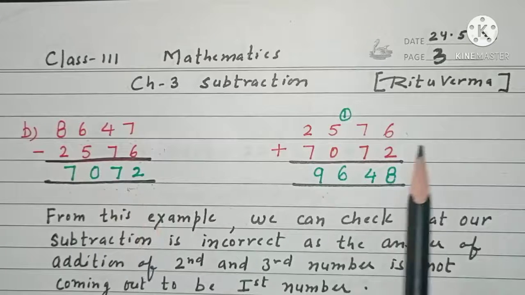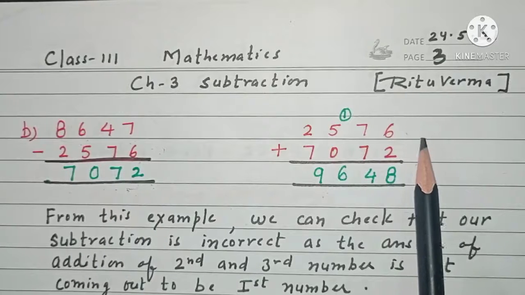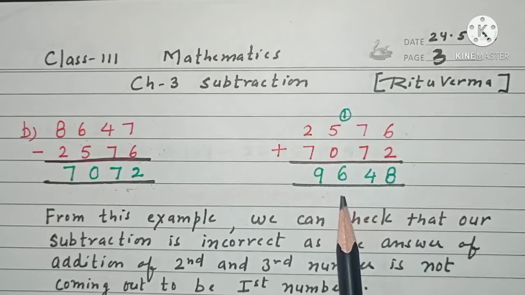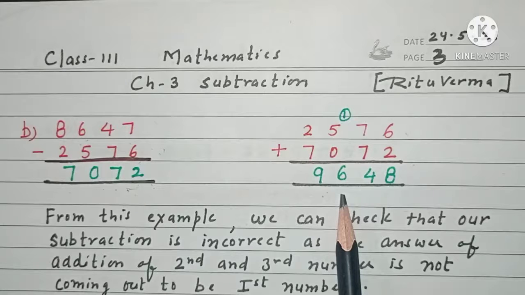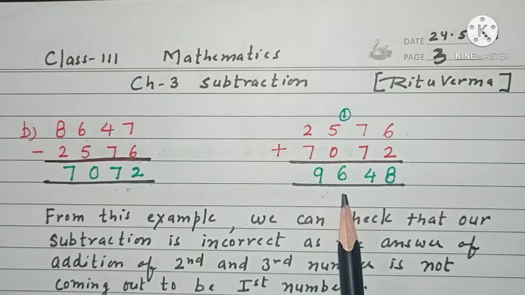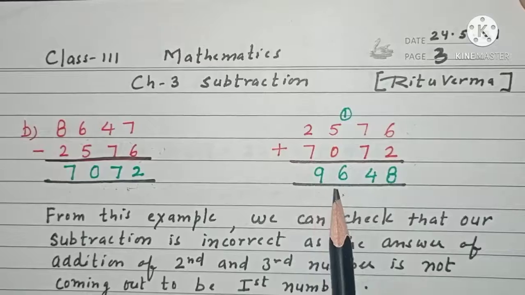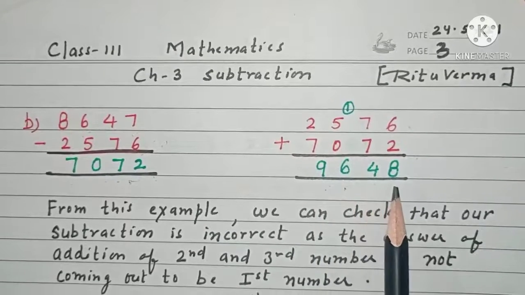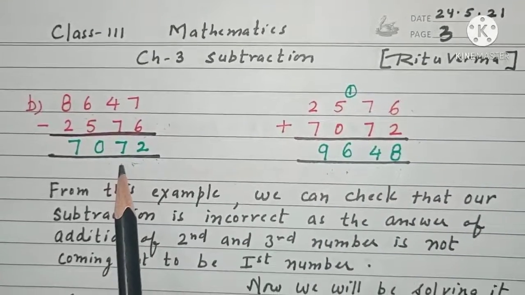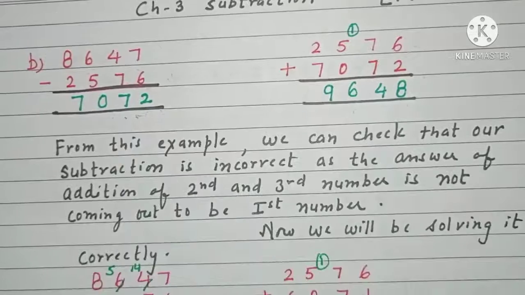But as you can see here, when we have added second and third number, the answer is not the first number. As per this example, the answer should be 8647, but it is coming out to be 9648. So that means our subtraction is incorrect.